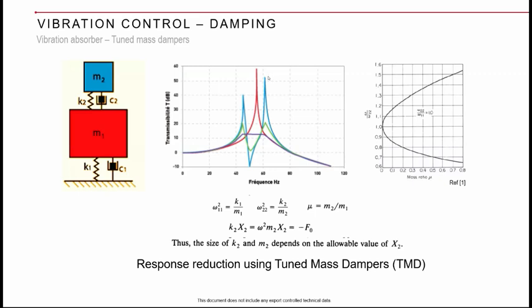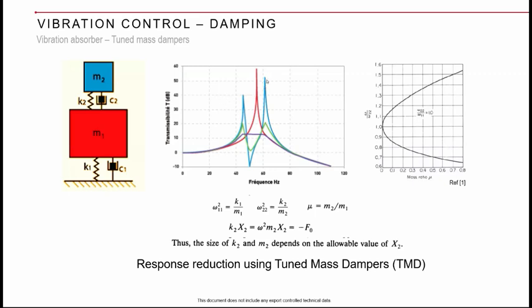You will have two frequencies, and the mass M1 here in green color. I think the colors were not matching here, taken from some internet source. So this primary mass response will drastically come down because of the inertial load counteracting from the mass 2.